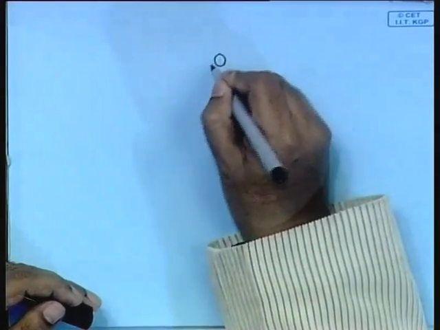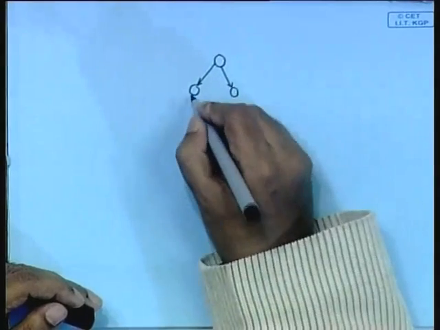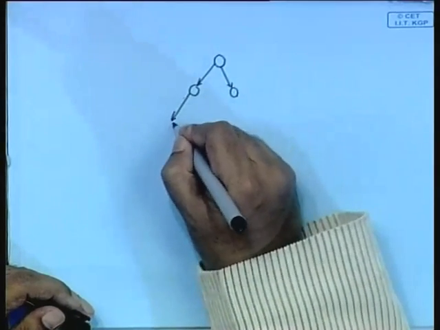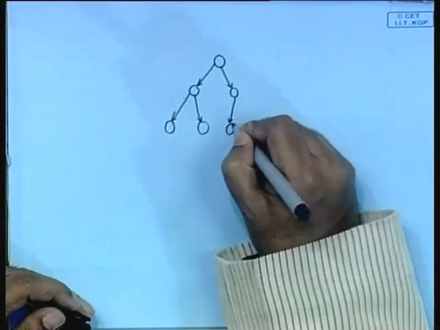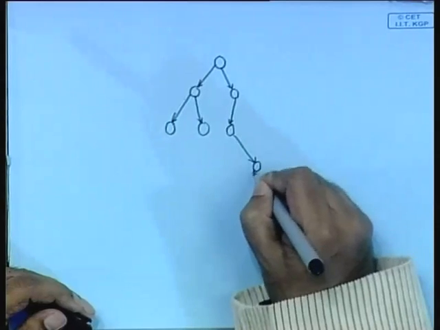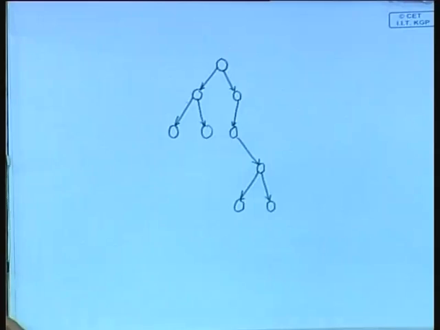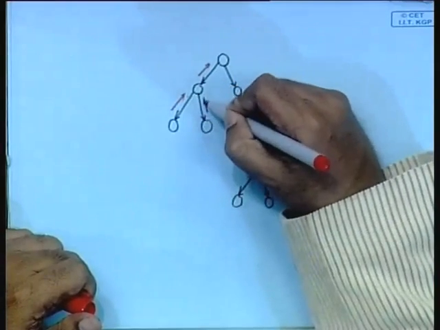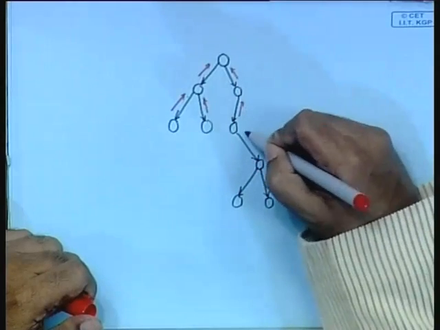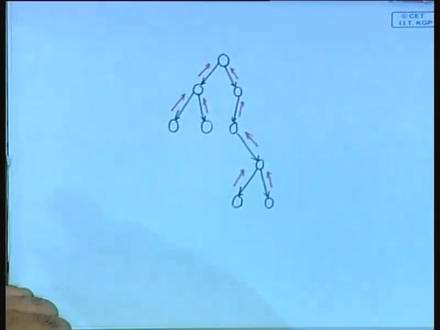If I draw, for every process, the node which first sends a token to it, then we are going to get some tree like this, right, some tree like this, all right. The parent pointers will point like this, okay.